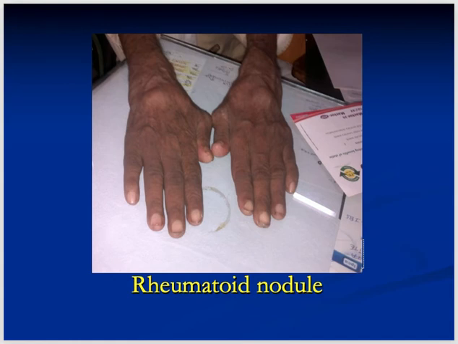I hope you understand the diagnostic criteria, which is very important. I hope you know the clinical features. Of course, guys, not all patients present in the same way. Sometimes the patient presents with acute disease which is quite severe.